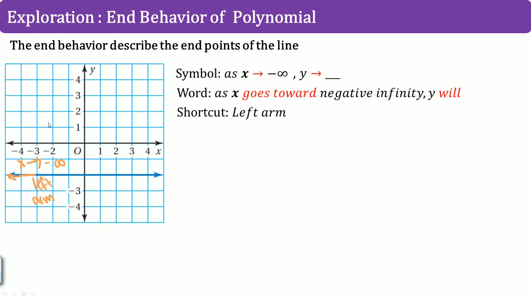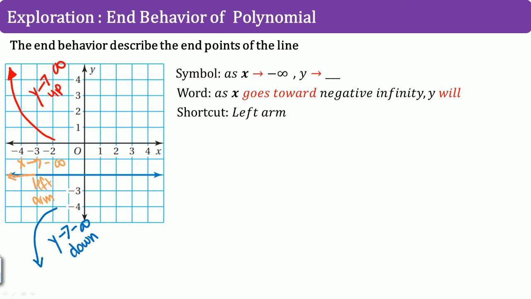It can either swing up, that means y is going to go to infinity, which means it's going to go up, or it can go down. The arm here can swing downwards, and if it's down, we can say y goes to negative infinity.